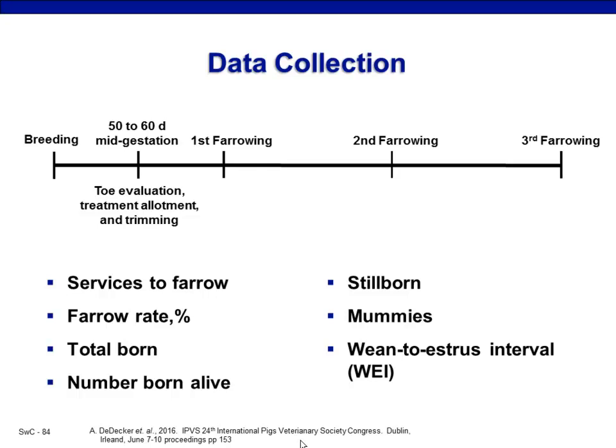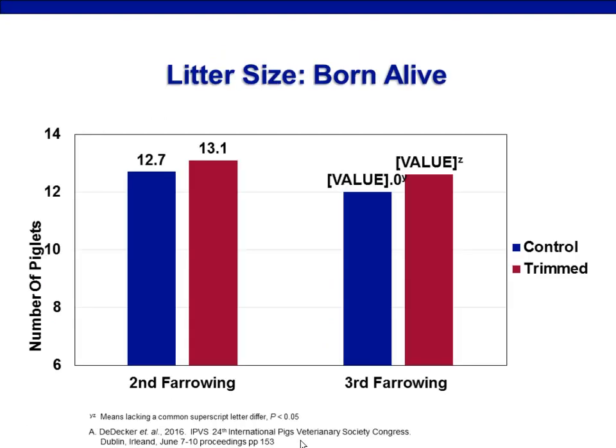Here's what's intriguing with this. We took a look at all kinds of data. But look at this. The parity after they were trimmed, they were 4/10 higher for the number of pigs born alive, 6/10 higher for the number of pigs born alive in the third farrowing.